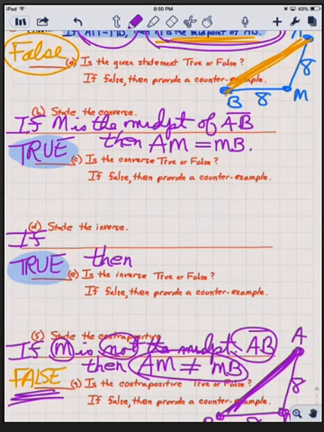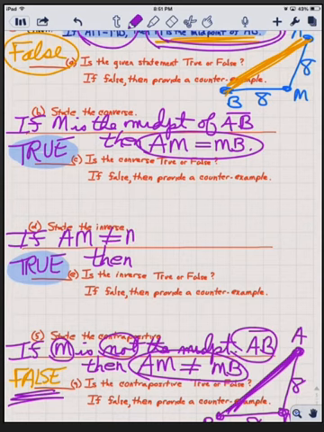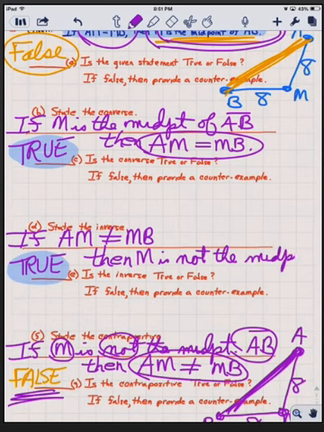So that means I want to take the converse conclusion and negate it and make that the new hypothesis. So AM is not equal to MB. And then M is not the midpoint of segment AB.